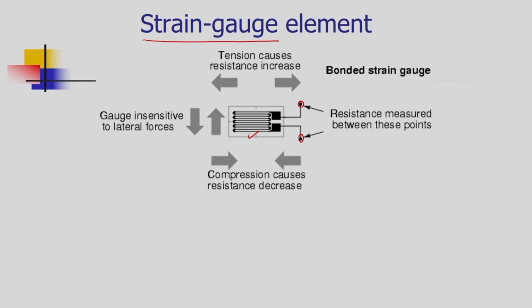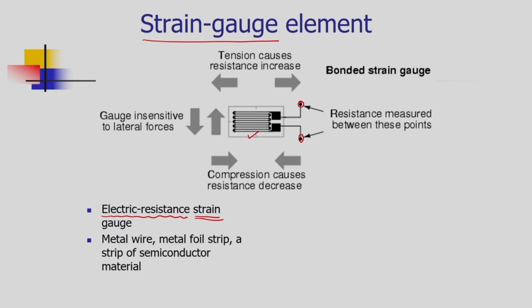When there is a tension in the foil, then the resistance of that foil, or the resistance of that mechanical element, will increase, and when there is a compression, then the resistance will decrease. So, it works based upon the principle of electrical resistance, and it is particularly measuring the mechanical strain inside the work parts or the body parts of an automated system.